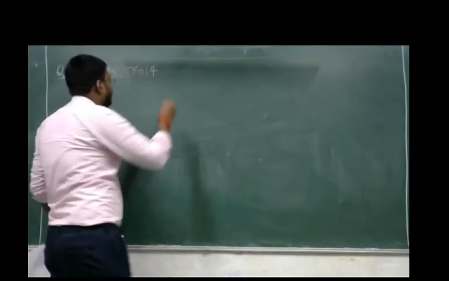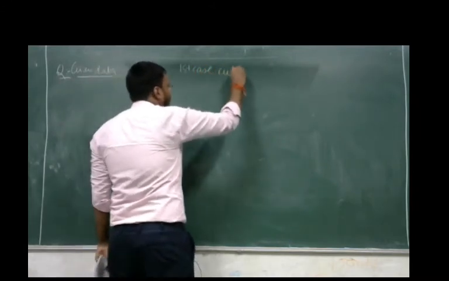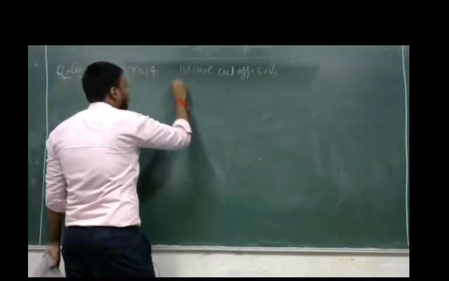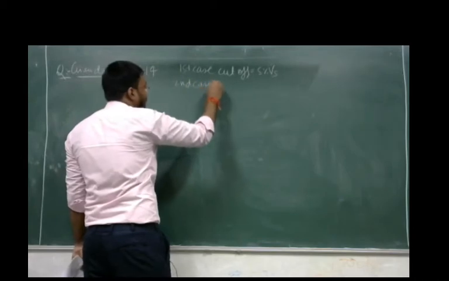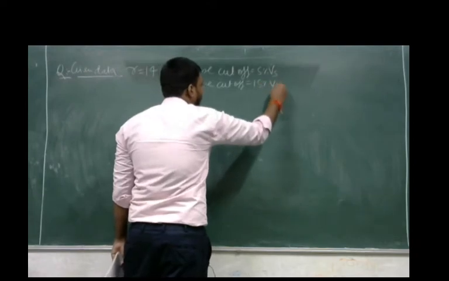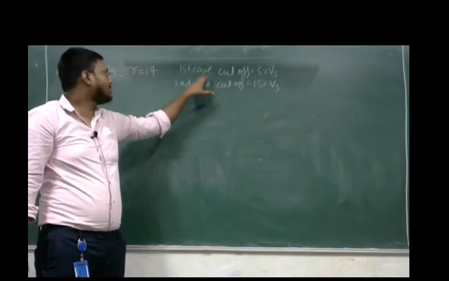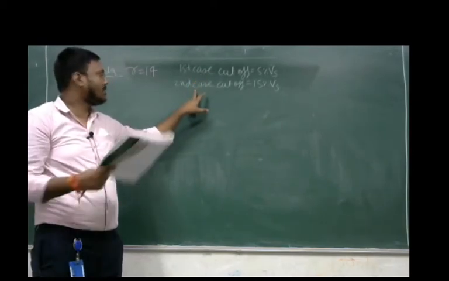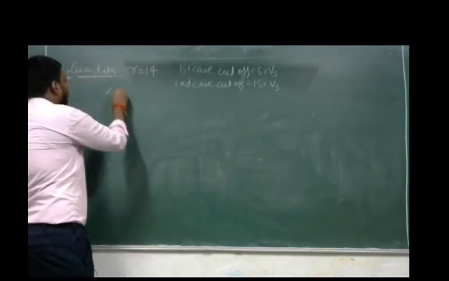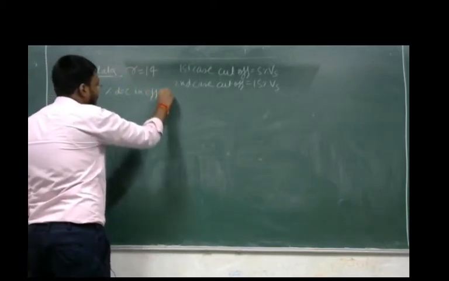In the first case, cutoff occurs at 5% of the stroke Vs. In the second case, cutoff occurs at 15% of the stroke Vs. In both cases we have to compare the efficiency, and the question is asking to determine the percentage decrease in efficiency.